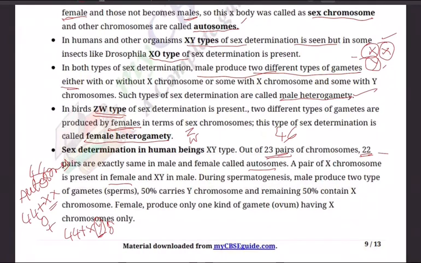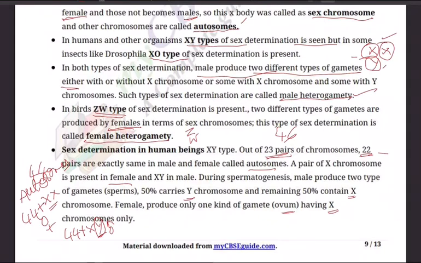So during spermatogenesis, again I want you to recollect chapter number 3, spermatogenesis. Males produce two types of gametes or sperms. 50% carry the Y chromosome and the remaining 50% contain the X chromosome. Whereas the female produces only one kind of gamete, that is the ovum, having only the X chromosome.